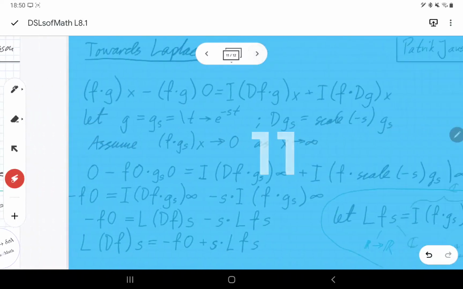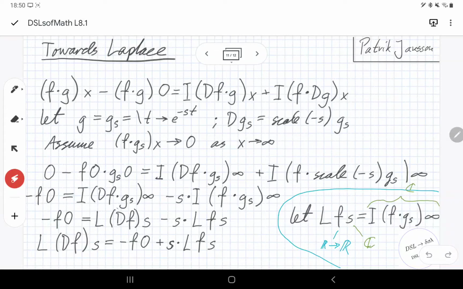Oh, yes, I should mention also this s here, which we talked about before. s doesn't need to be a real number. So often the typing is that the function f is a real function, but the s argument is a complex value. That means that the exponential is also defined for complex numbers, but the whole integral here will also be a complex number.